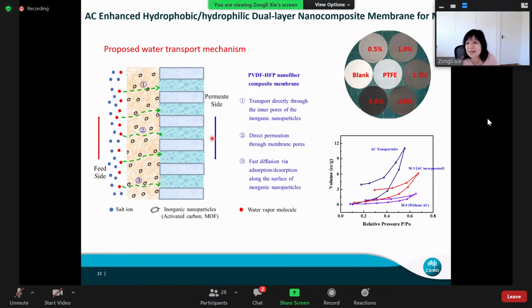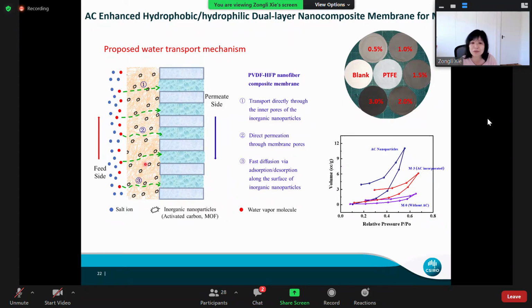This is just a picture to show we have different active carbon loadings, and when we have a lot more active carbon, as you can see, the color is getting darker. But it doesn't mean more is better, because when we add too much, agglomeration happens, and it's actually detrimental to membrane performance. The good thing is that we are able to utilize the porosity of the active carbon.